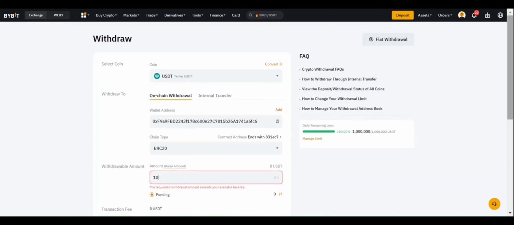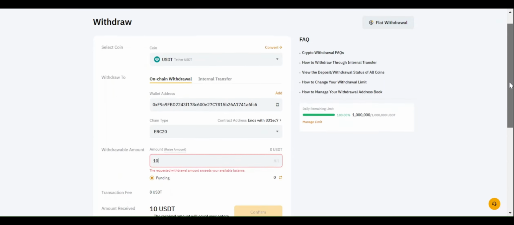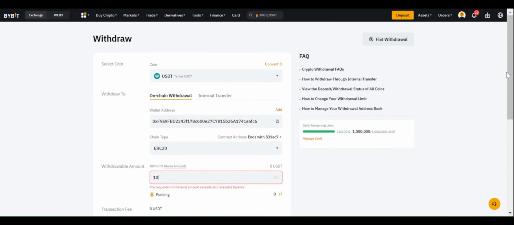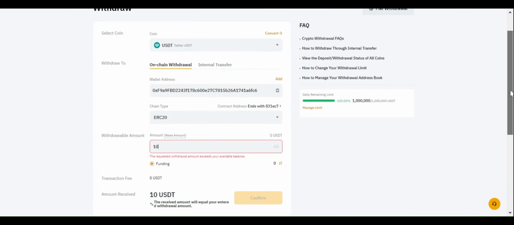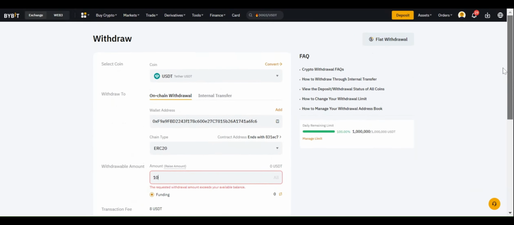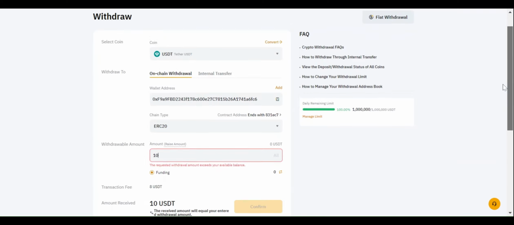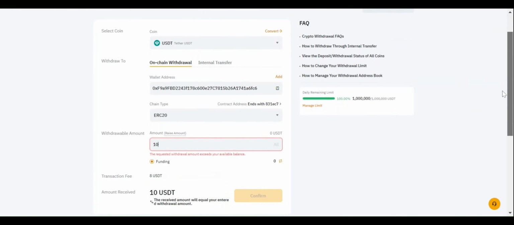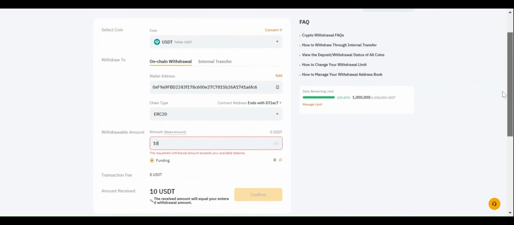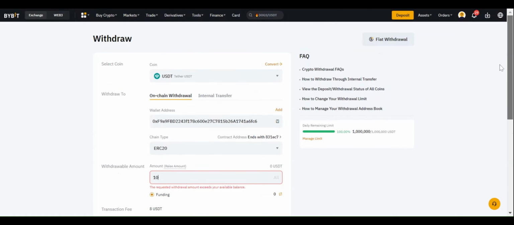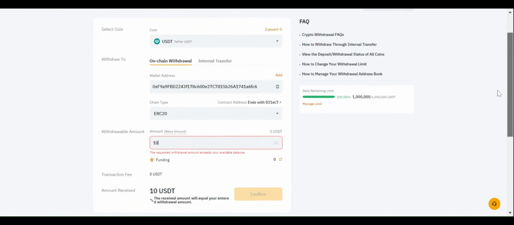But in some cases, they would allow you to put the wrong network, and then once you send it, you cannot recover your funds, right? Crypto transactions are irreversible. So you want to be sure that you pay attention and double check the wallet you are sending it to, ensure it is on the correct network, and then you go ahead and proceed.